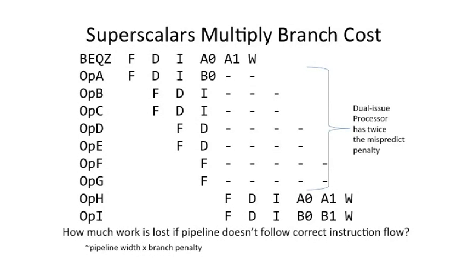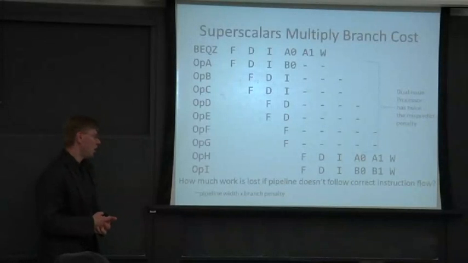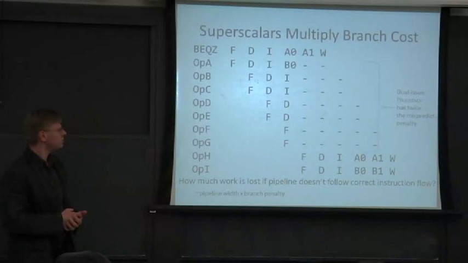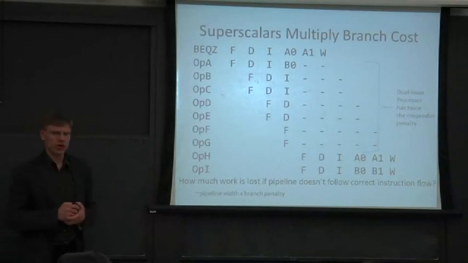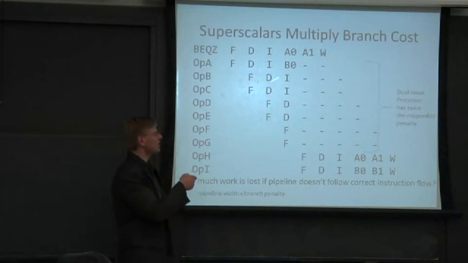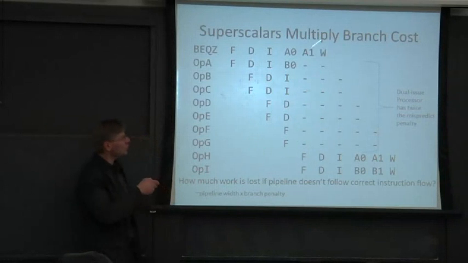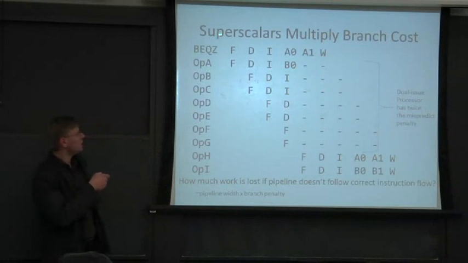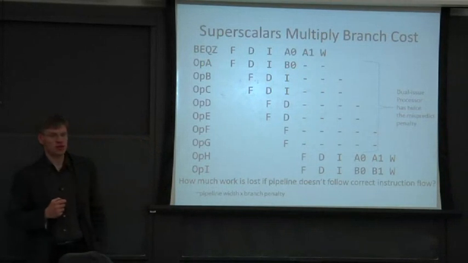Or if you can make the processor narrower, that may be good, since fewer instructions are killed, but we like to execute multiple instructions at a time because that improves our performance. So this is really the motivation for putting something useful in this time, and also for trying to reduce the probability that we start fetching incorrect instructions at all.